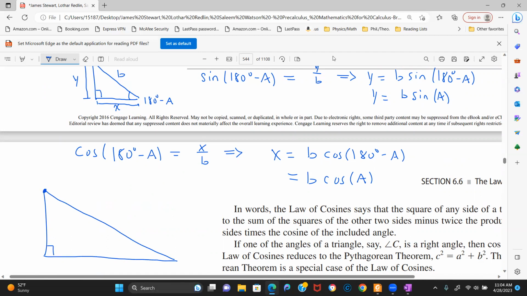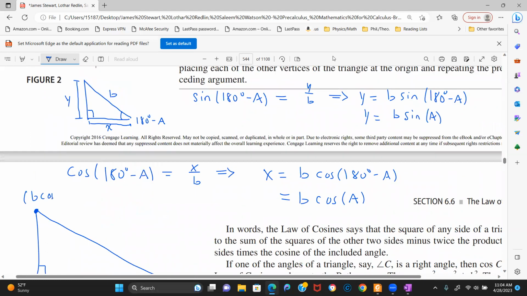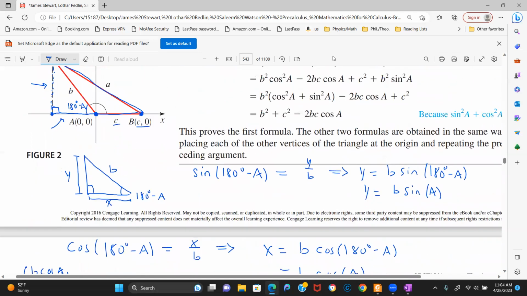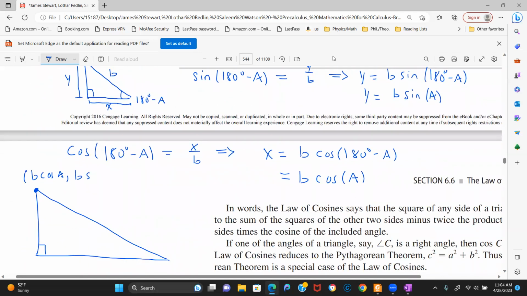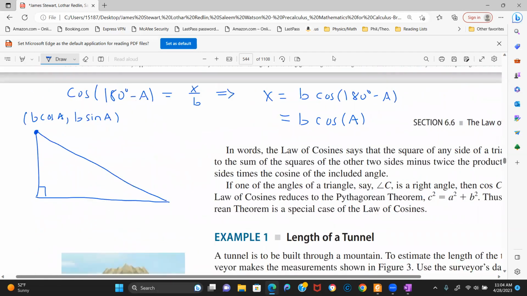And then we have that this is going to be, what are the points to this? B cosine A, and then this is B sine A. And somewhere right here is 0, 0, and this right here is C, 0.